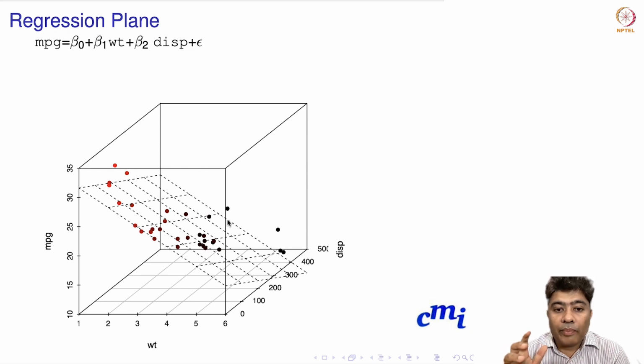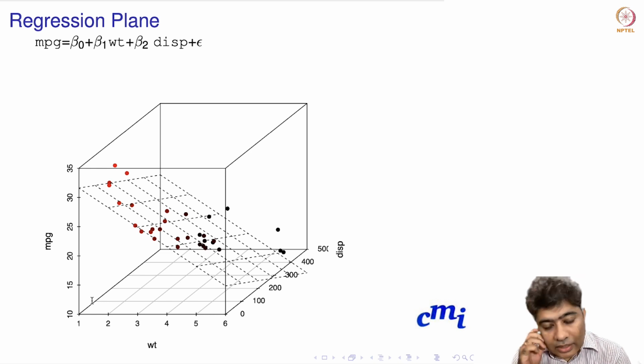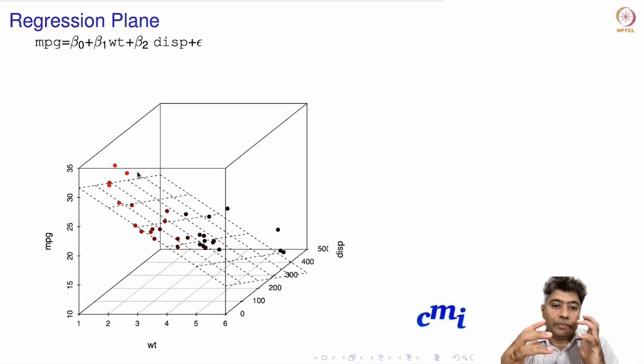So all the points were in 2 dimensions. Now we are bringing in a third variable, displacement. On this axis is displacement, this is the weight, and this axis is miles per gallon. So naturally all the points that we are seeing are in 3 dimensions.